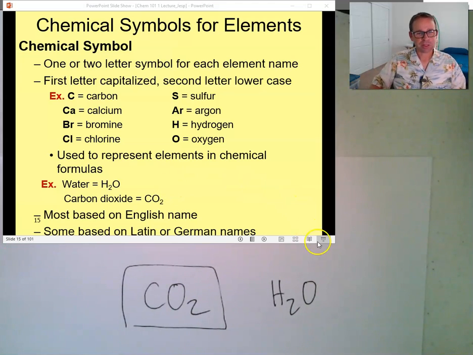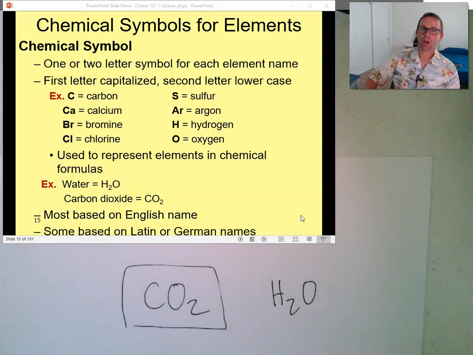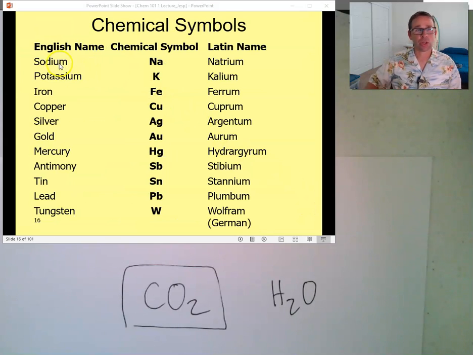So, some of our elements on the periodic table are based on their Latin names. So you'll see some like sodium, its symbol is Na. Potassium, K. Iron, Fe. All right, and that's because they were named before English was the primary scientific language, and Latin was the primary scientific language.